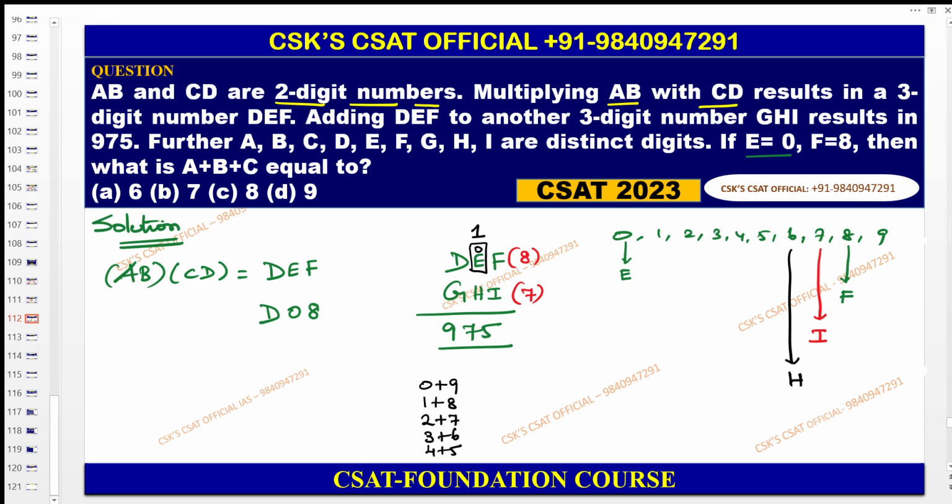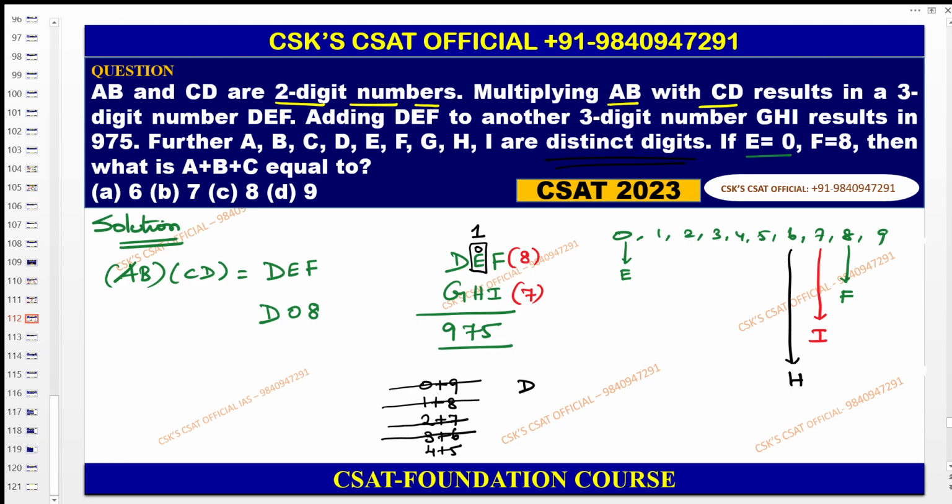Now 0 is already assigned, and it is clearly mentioned distinct, so eliminate this one. 8 is assigned for F, so this won't be possible. Then 7 is assigned for I, this is also not possible. 6 is assigned for H, this is also not possible. So the only one possible for D and G.